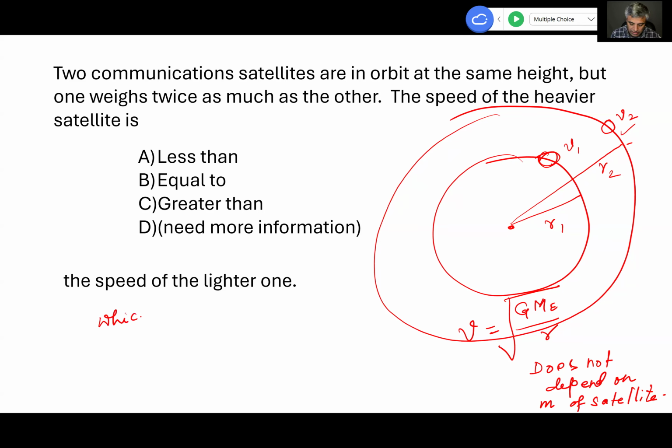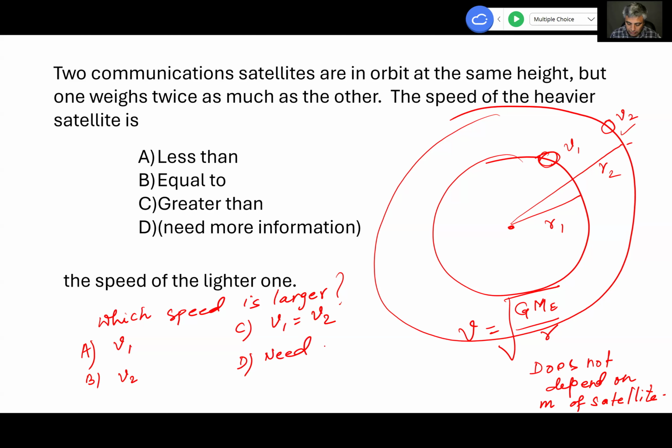Which speed is larger? So I'm making a clicker question here. A, V1 larger; B, V2 larger; C, V1 and V2 are equal; D, need the mass of the satellite to figure this out.